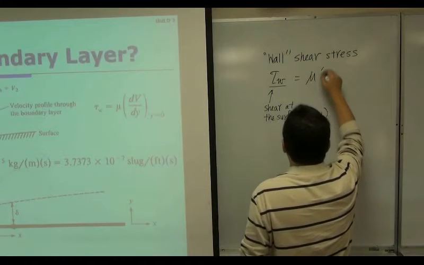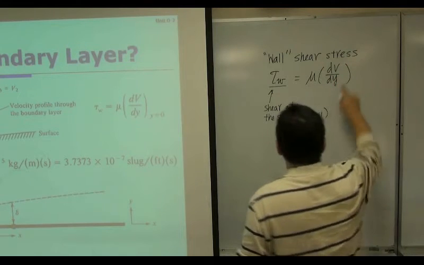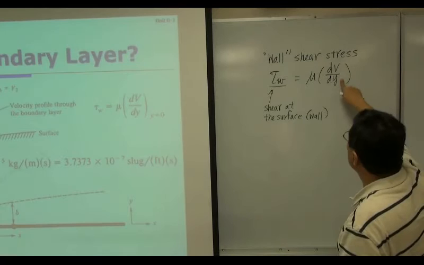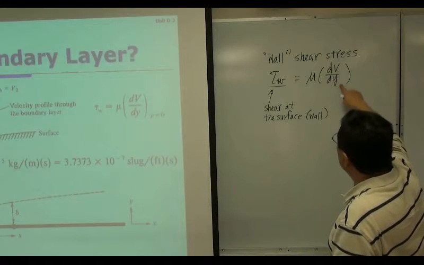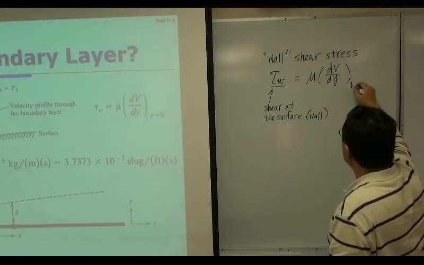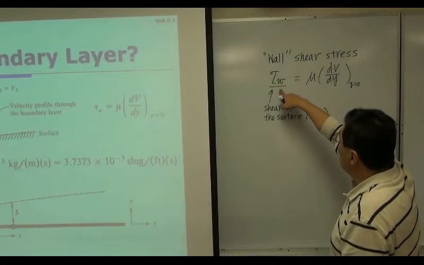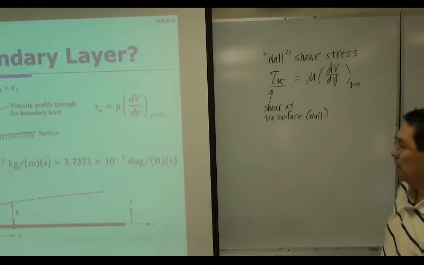This is the viscosity times dV dy. This dV dy is the change of velocity in the direction perpendicular to the surface. This becomes maximum. If you measure dV dy at the location y equal to 0, it is going to be a maximum value. So tau wall is usually the maximum shear stress developed on the wall.